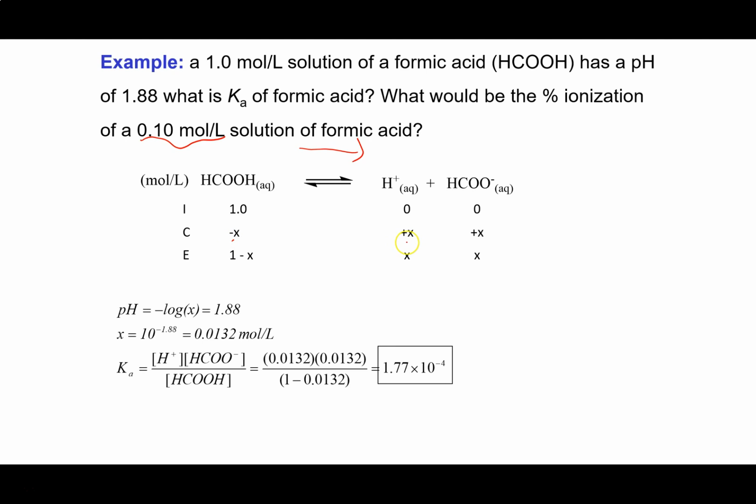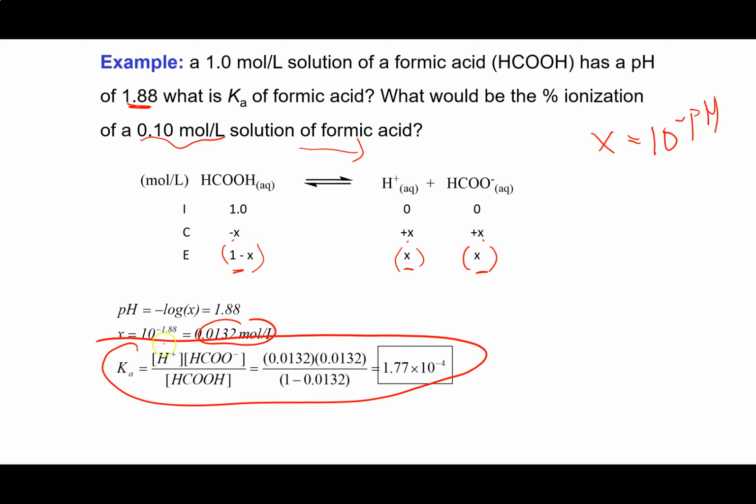This will go down by X, this will go up by X, and this will go up by X. That gives me 1 minus X of my acid, and then X moles per liter of each of my products. We know that X is equal to 10 to the minus pH, and the pH was 1.88, and so that gives us our value for X. What I'm going to do now is use that information to calculate Ka.